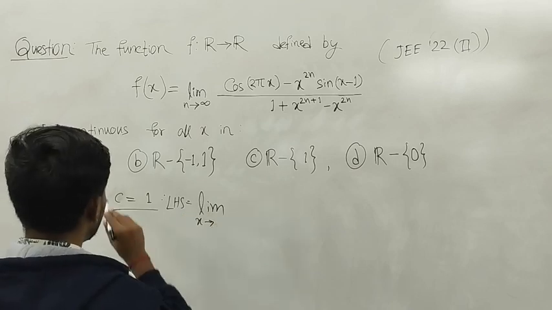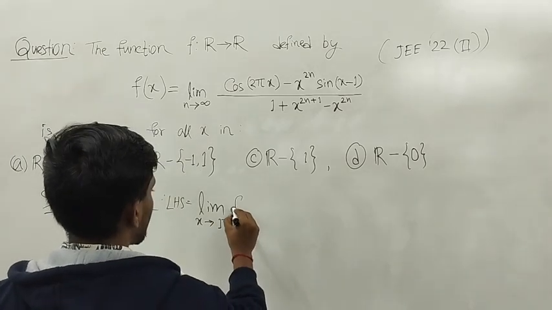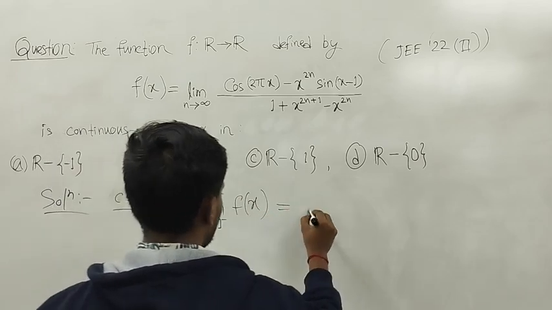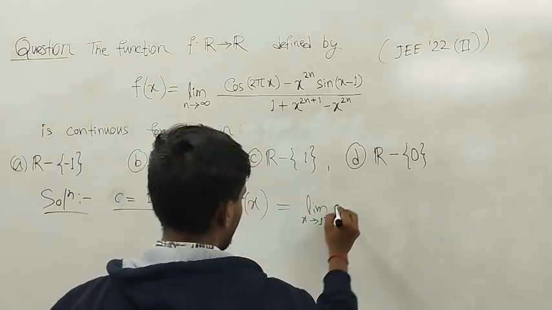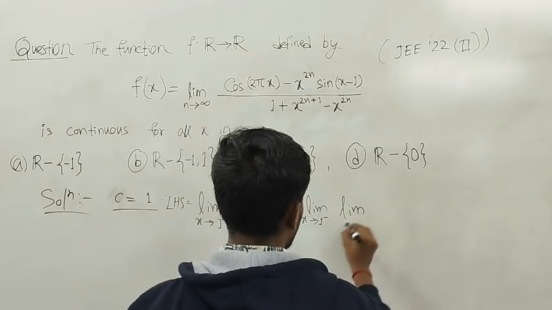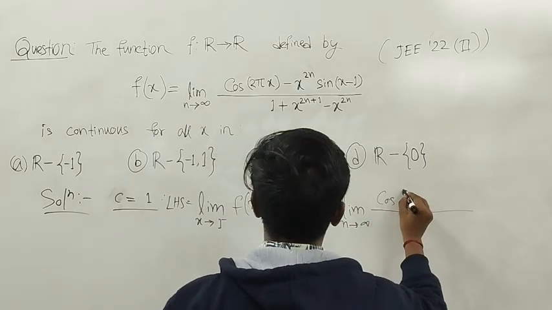As x tends to 1 negative, f(x) is equal to the limit as n tends to infinity of the whole function.